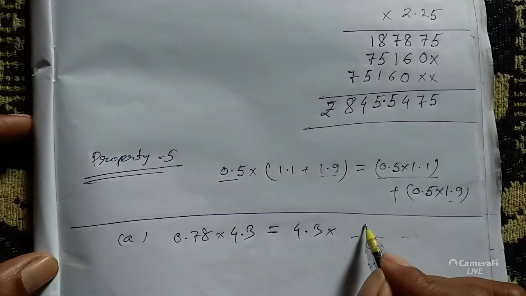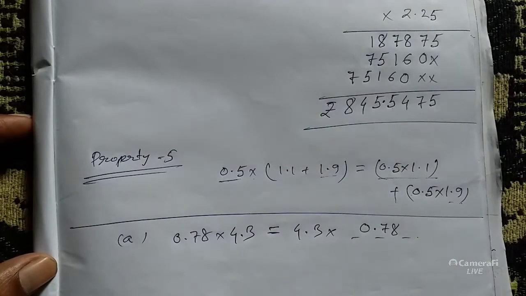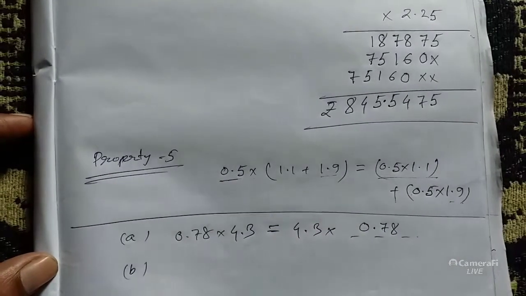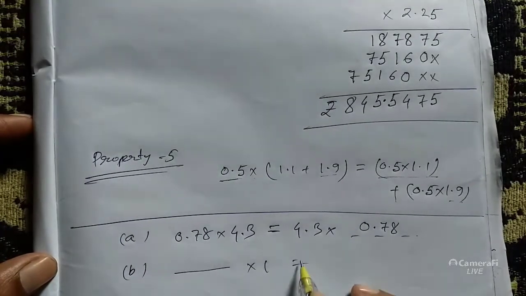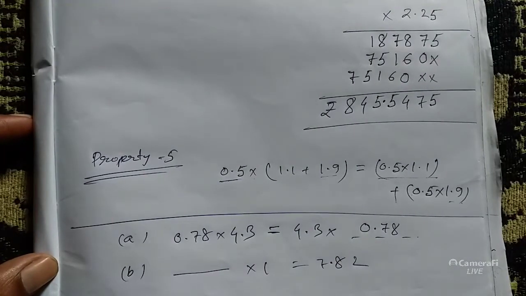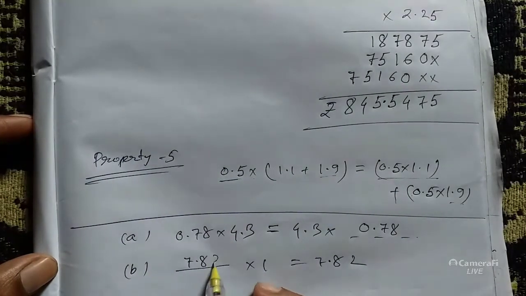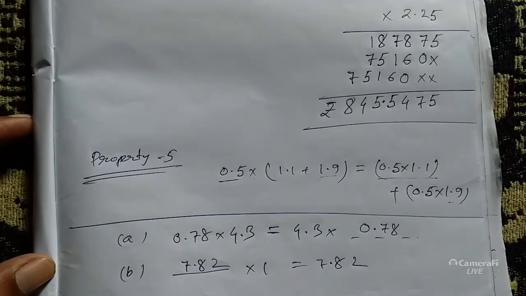So definitely the second number will be 0.78 using the order property. Dash multiply 1 equals 7.82. What number should we multiply by 1 to get 7.82? It will be the same 7.82, to get the same result 7.82.